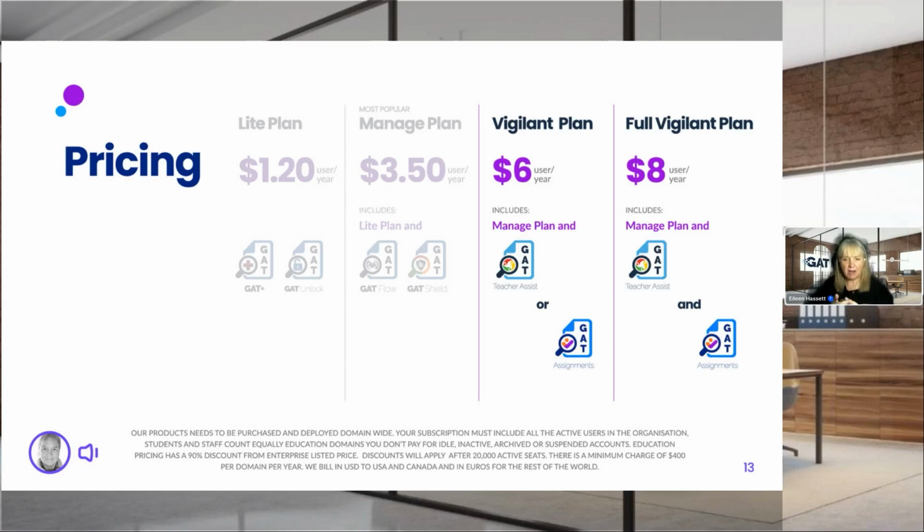Teacher Assist empowers teachers with screen sharing, content control, attendance tracking, and one-to-one chats. The smooth operation of teacher assignments requires GAT Plus and GAT Shield. The Vigilant plan offers a comprehensive solution for $6, and the combined Full Vigilant plan includes both tools, and it costs $8 per user per year.